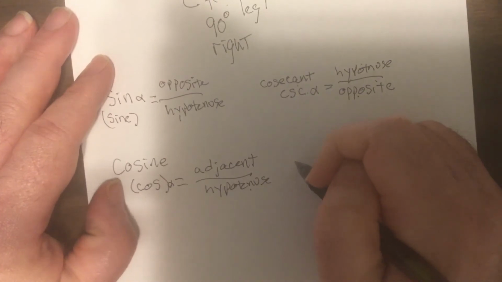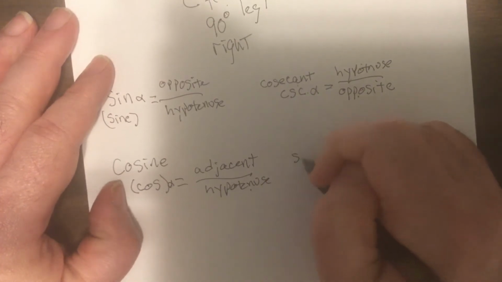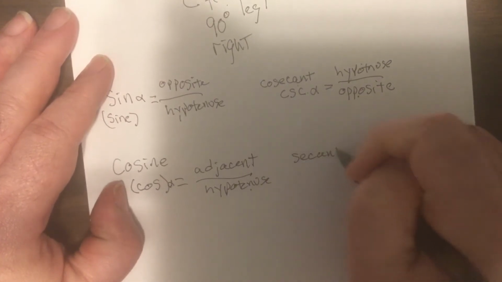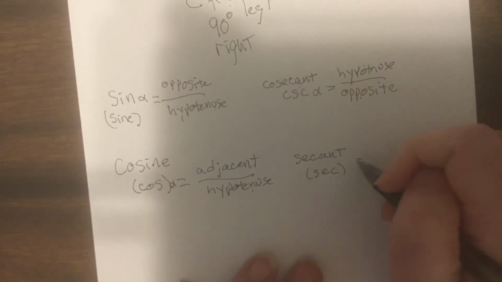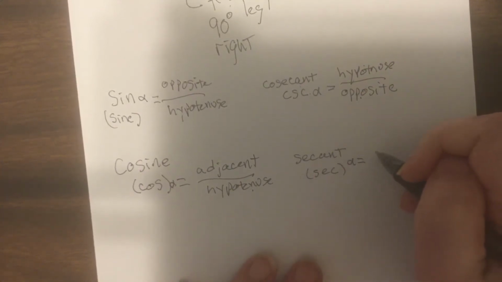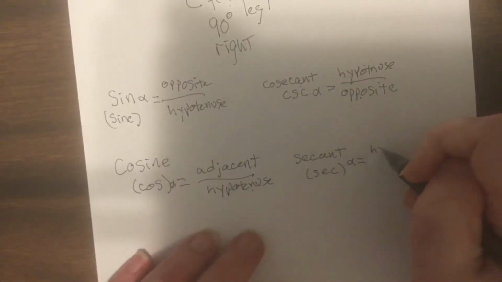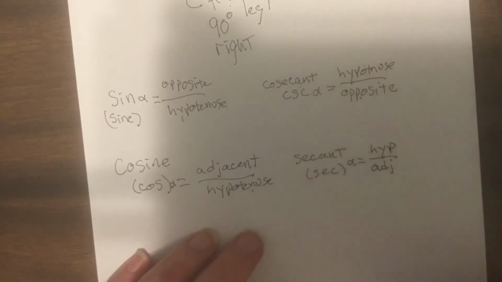Then the reciprocal of cosine is secant, which is abbreviated SEC. And that is, with an angle measure, hypotenuse over adjacent.